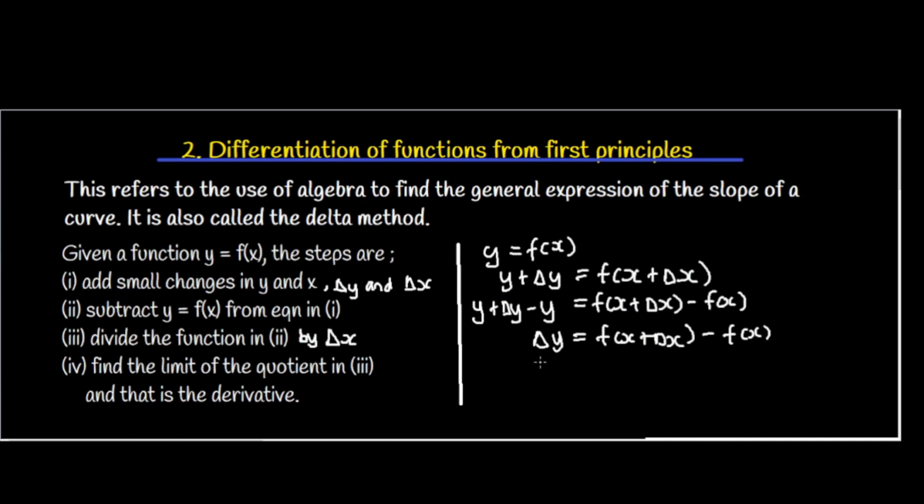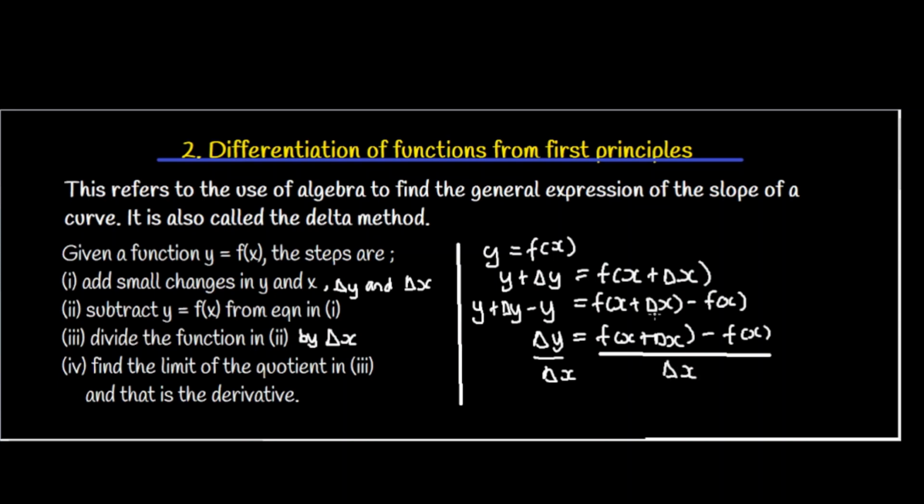Then in procedure number 3, we are told to divide the expression in step number 2 by change in x. So we have change in y over change in x on this side, and on the other side, the whole expression f of x plus change in x minus f of x, also divided through by change in x.